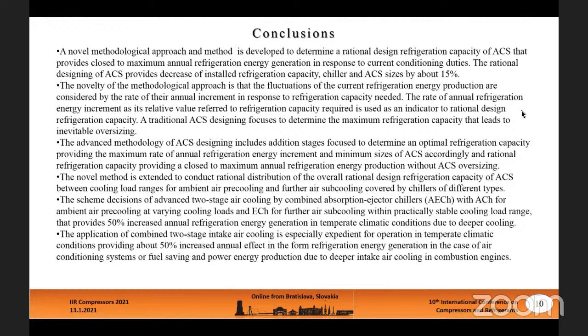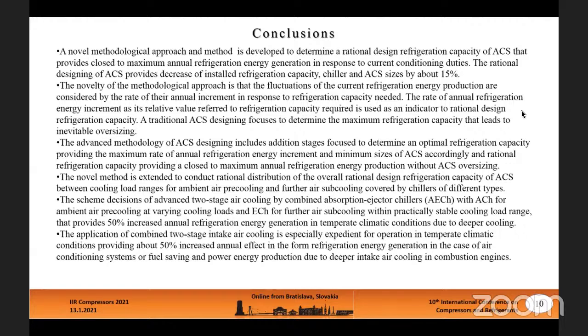The advanced methodology of air conditioning system design includes additional stages focused to determine an optimal refrigeration capacity, providing the maximum rate of annual refrigeration energy increment and minimum sizes of air conditioning system accordingly, and a rational refrigeration capacity, providing a close to maximum annual refrigeration energy production without system oversizing.